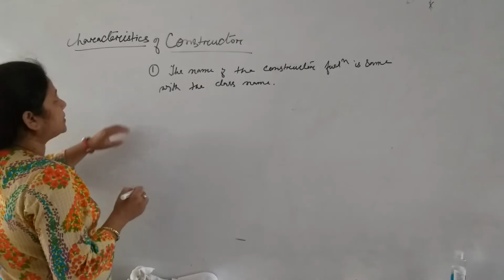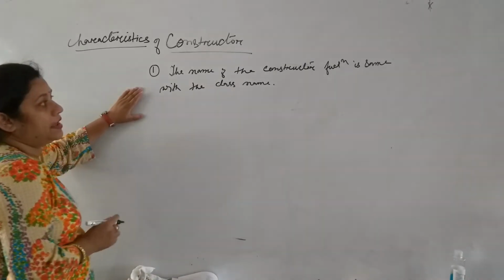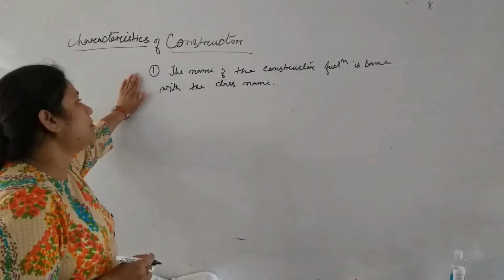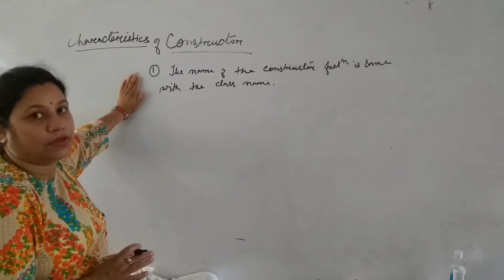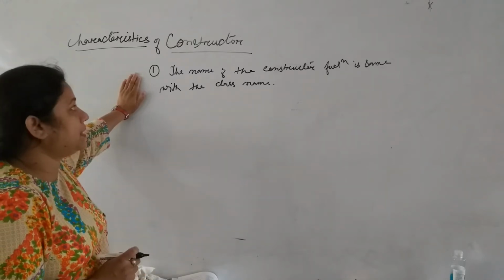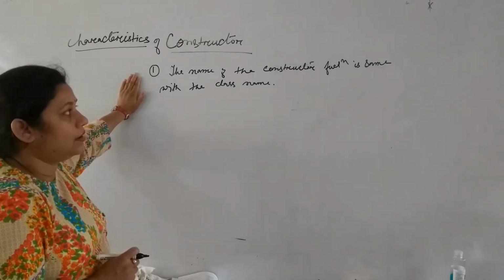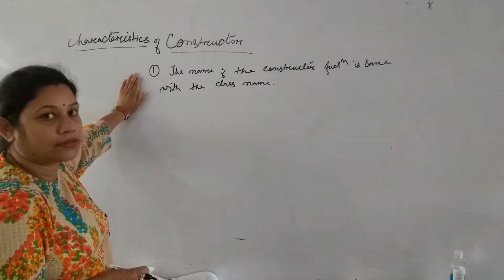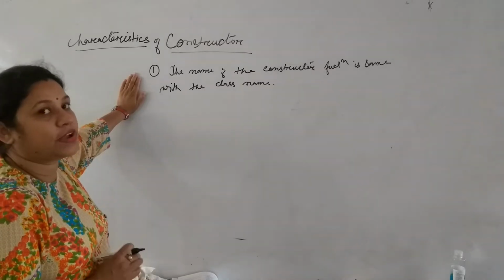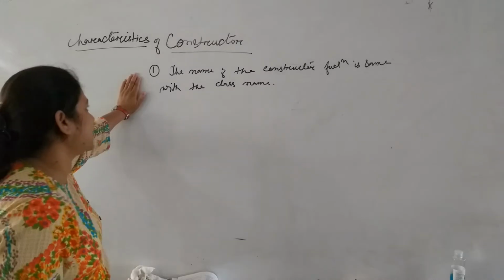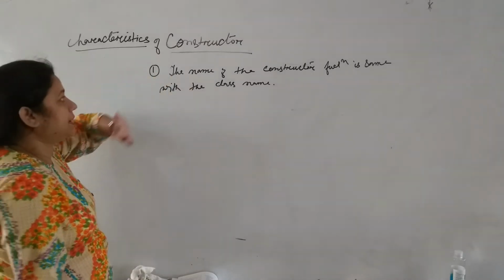So the first characteristic is that the name of the constructor function is same with the class name. So from the definition, it is clear that we are going to create a constructor function and the name of the constructor function is same with the declared class name. Okay, this is the first characteristic.